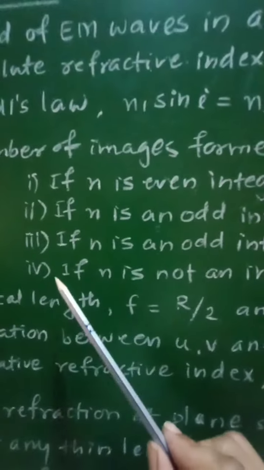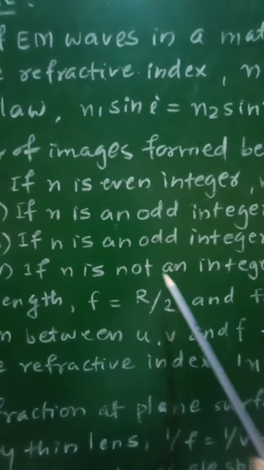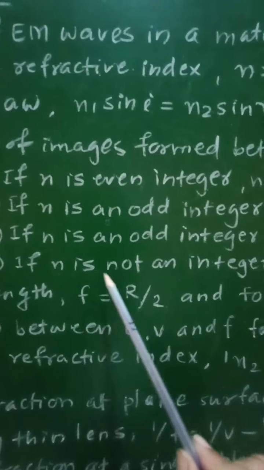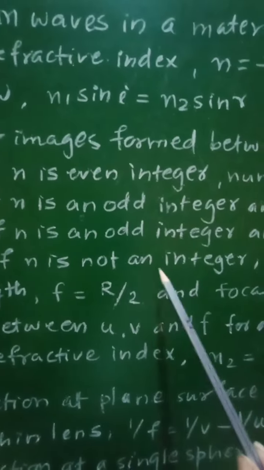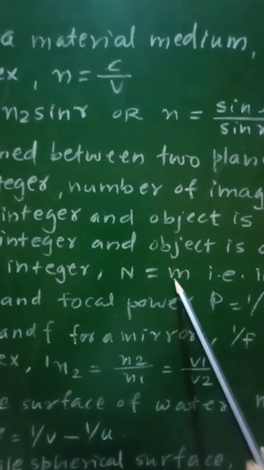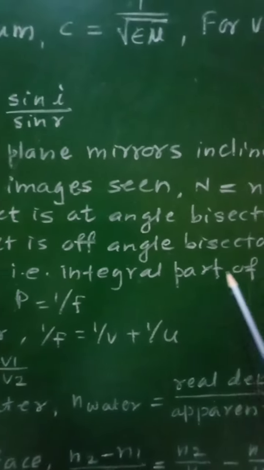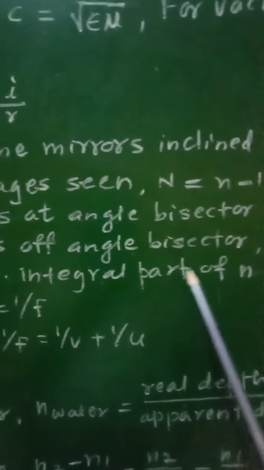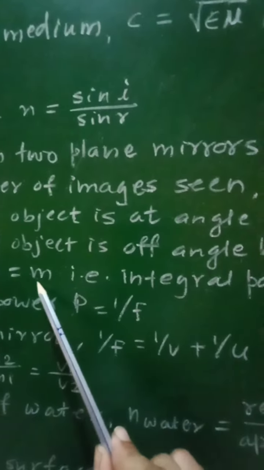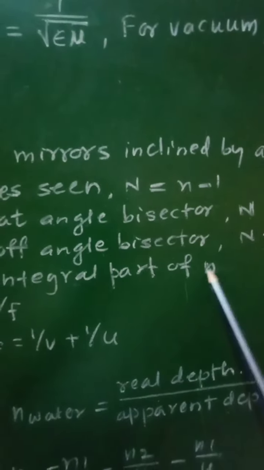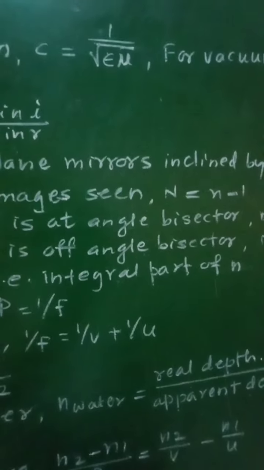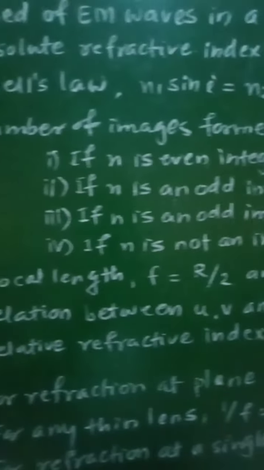Fourth, if n is not an integer, if it contains some fraction part, then the number of images seen will be equal to m, that is the integral part of n, the part before the decimal point.